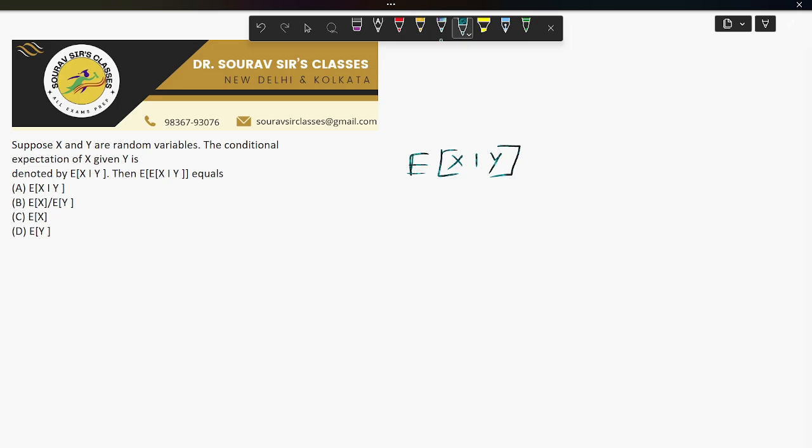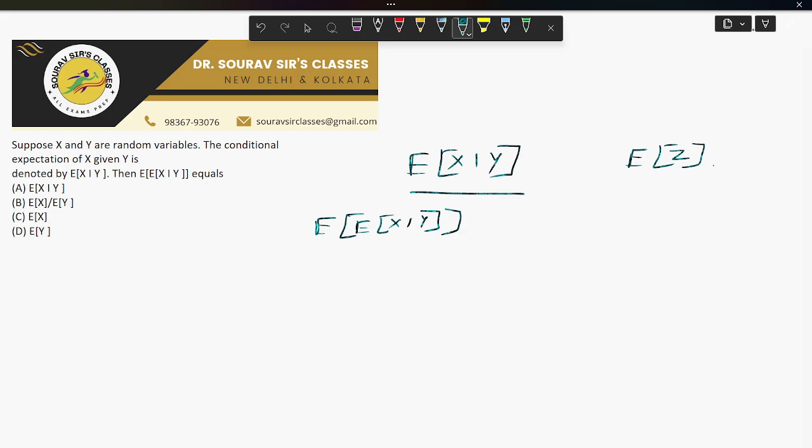Importantly, E[X|Y] is itself a random variable because it depends on the value of Y. The expectation of a random variable Z is the average value that Z takes, weighted by its probabilities. So our quantity E[E[X|Y]] is the expected value of the random variable E[X|Y].